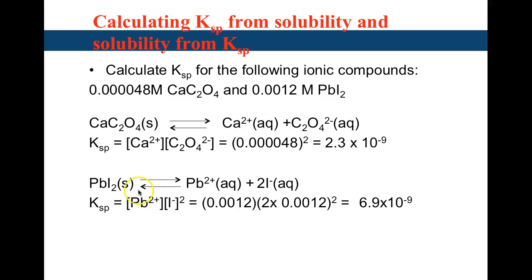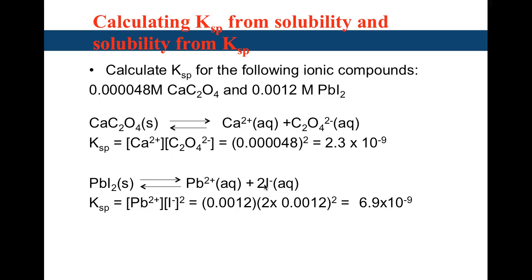Similarly here with PbI2, when you split it up, Pb2 plus and 2 I minus. Okay, so Ksp is Pb2 plus times I minus squared. All right, so if you have one of this, you get one of this, but then 2 of that.